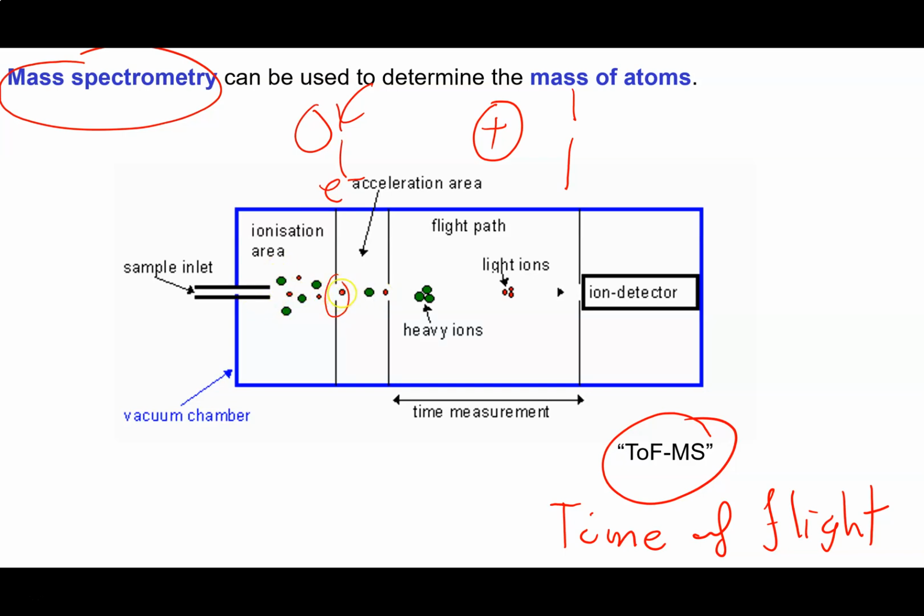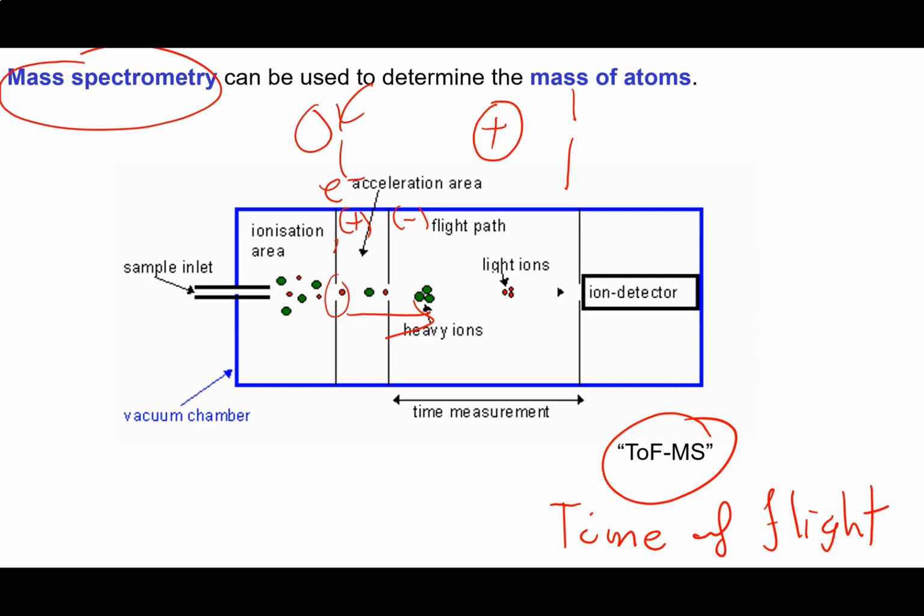At this point, these guys have got a positive charge on them, and they are going to be repelled by positive things. They are going to be attracted towards negative things and repelled by positive things. So if we put charges on these plates, they're going to come in here and they're basically going to get a push that way.